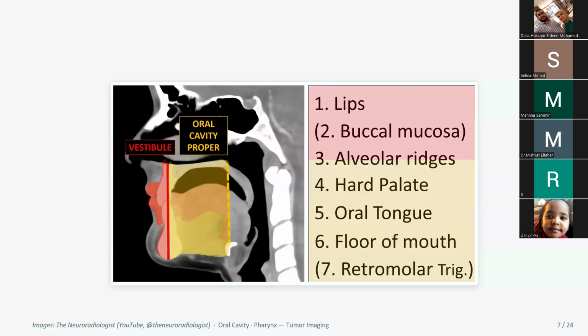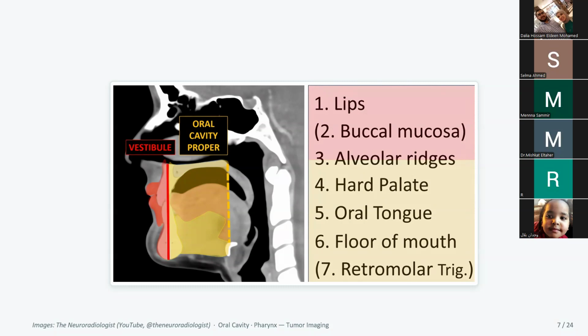So here are the contents of the oral cavity. We have the lips, the buccal mucosa, the alveolar ridge, the hard palate, the oral tongue, the floor of the mouth, the retromolar trigone. And here we have to notice that the vestibule is that slit-like space outside the teeth between the lips and cheeks and the dental arch, while the oral cavity proper itself is everything medial to the teeth.